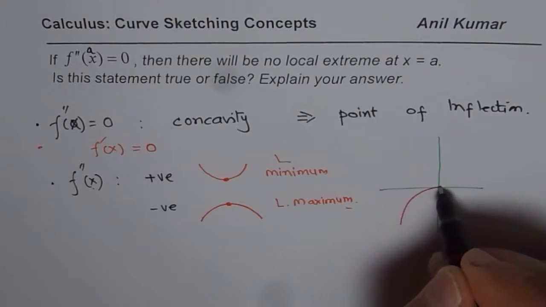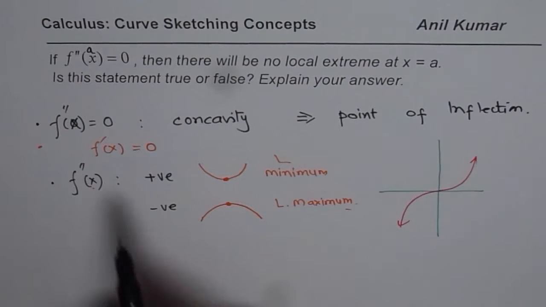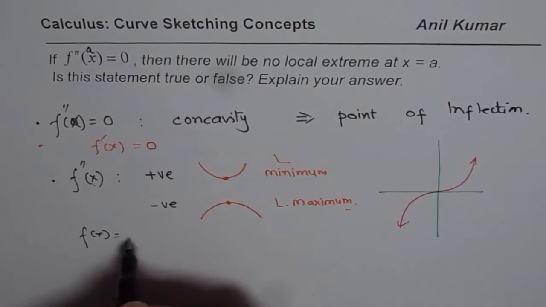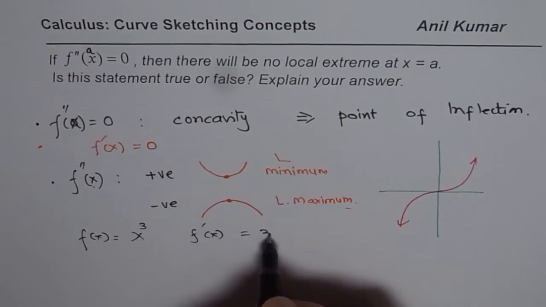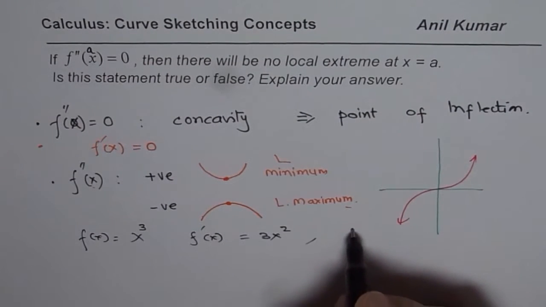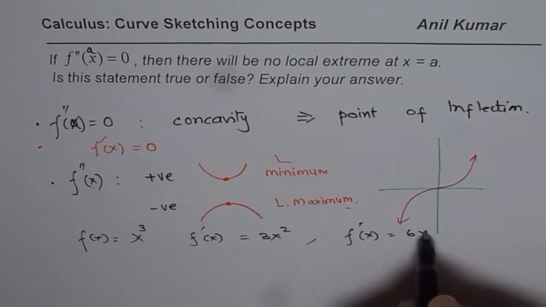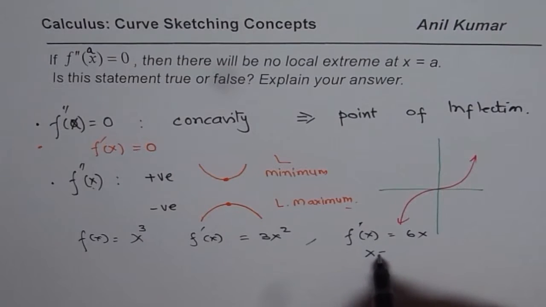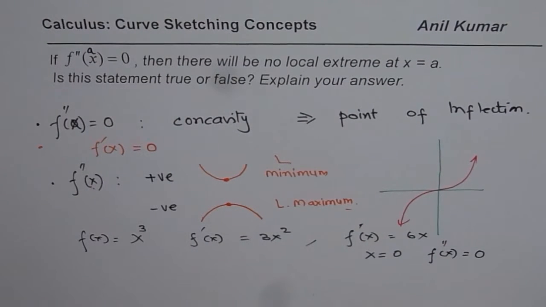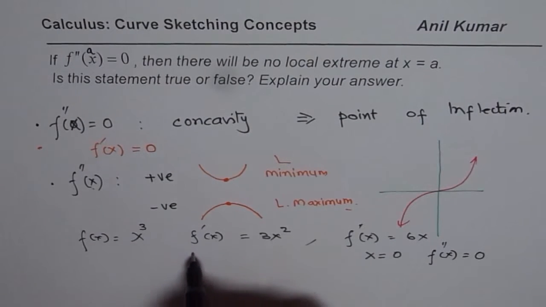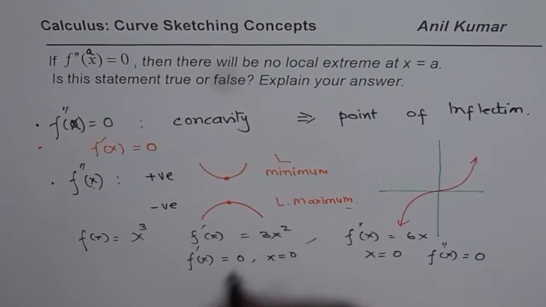Simple. We have f of x equals x cube. First derivative is 3x squared and the second derivative is 6x. Now at x equals 0, the second derivative is 0. Do you see that? Well, the first derivative is also 0 at x equals 0.